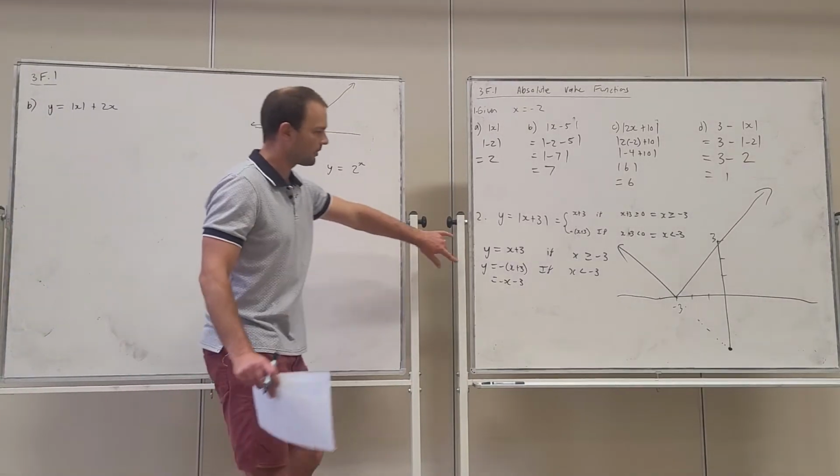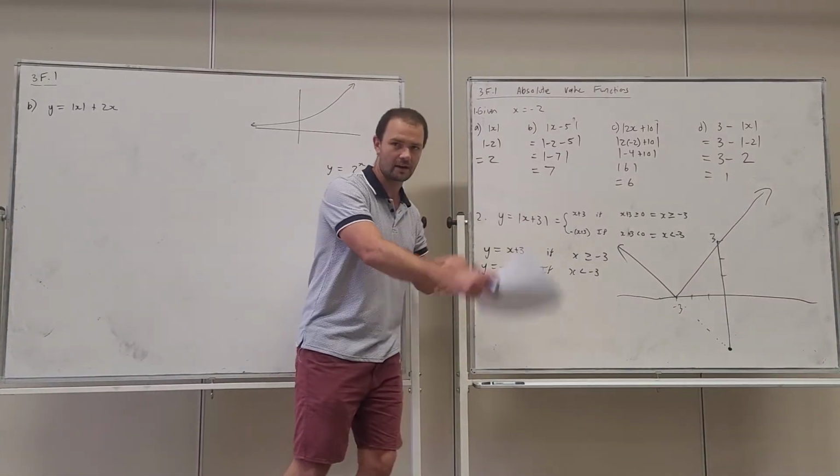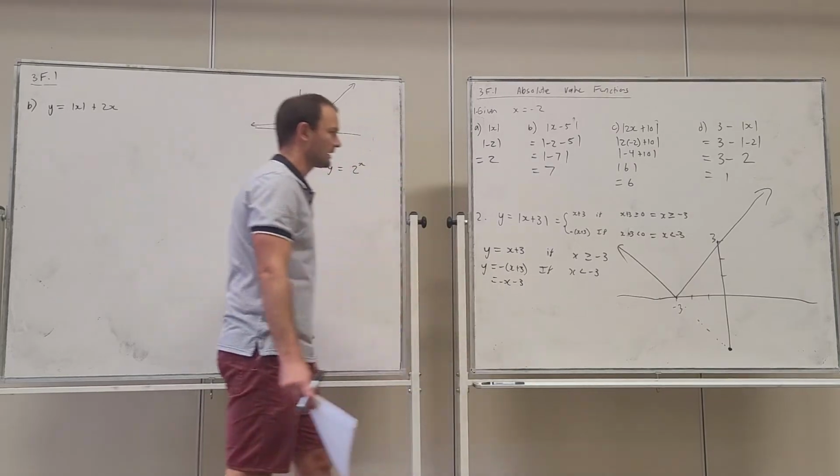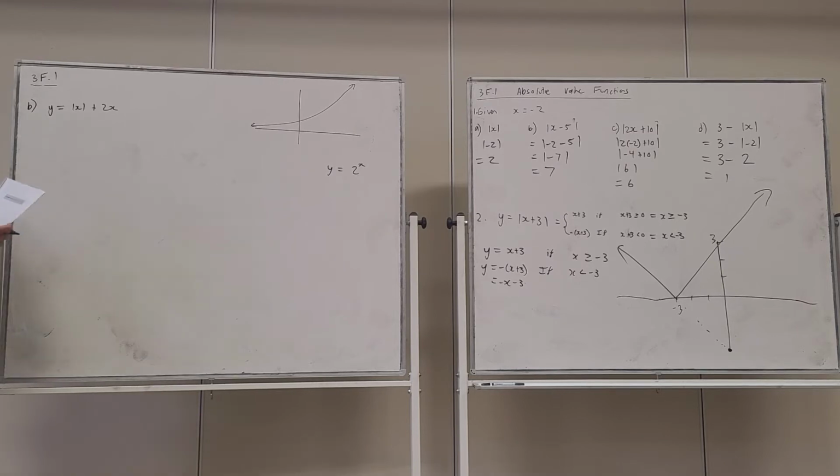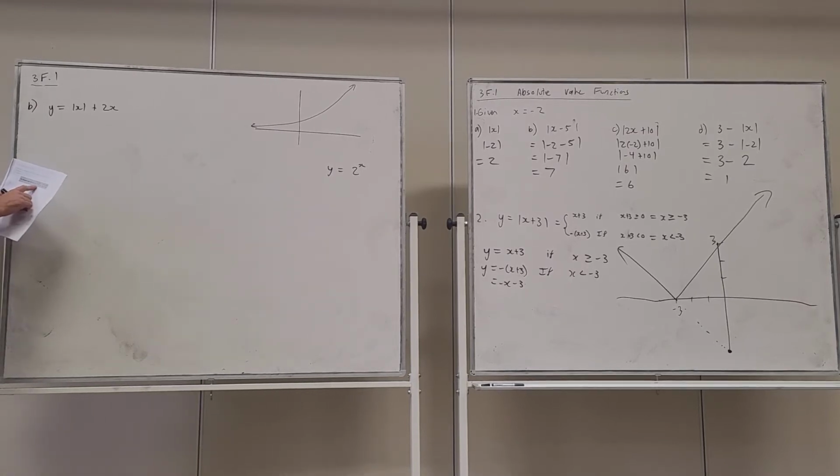So I want us to start thinking about it like that, start trying to draw it ourselves, but we will again use our calculator to help us out. Let's go to this one. We've got the modulus of x plus 2x. So this is a little bit more confusing, but let's write it out using the notation we've given there.